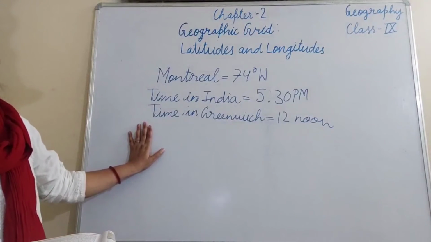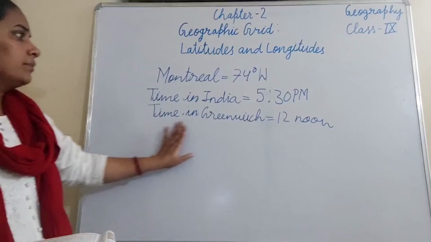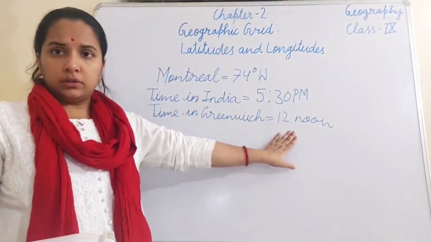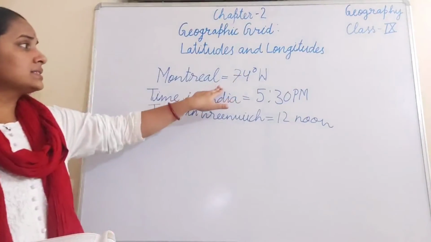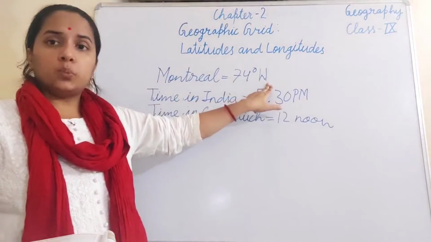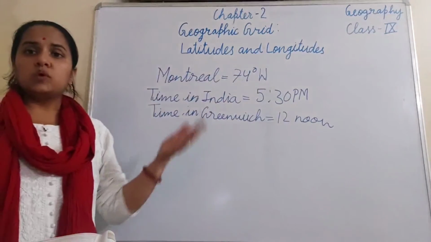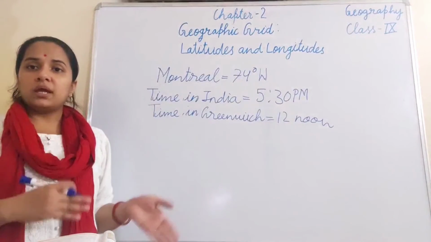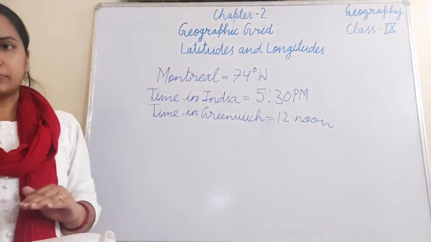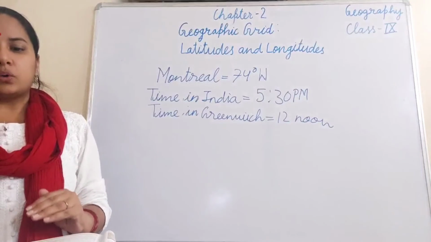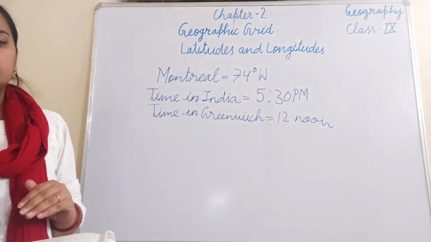And if we talk about the difference, the time at Greenwich will be 12 and Montreal is 74 degree west. So when it is west, what will we do? We will subtract. West loss, subtract. In this way we are going to follow the rule.